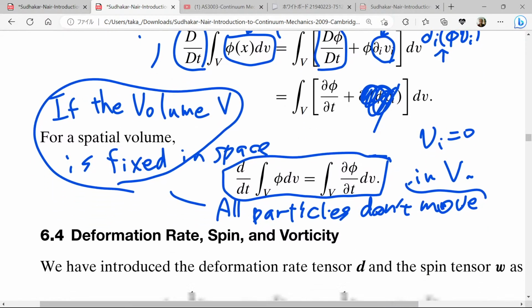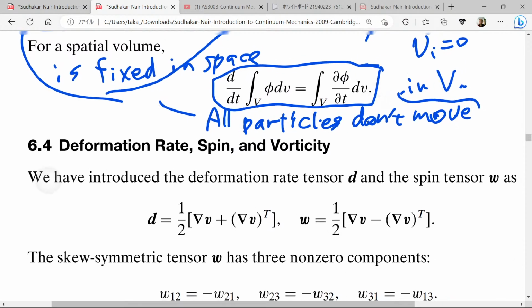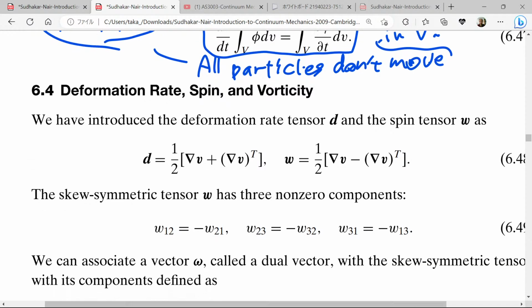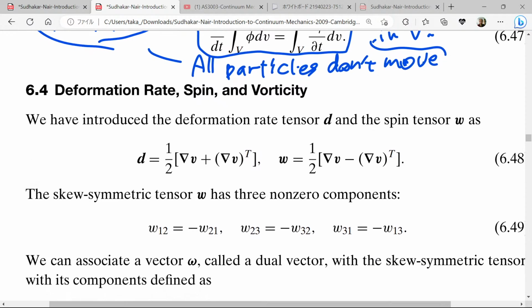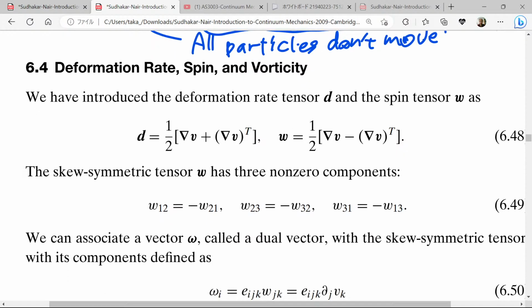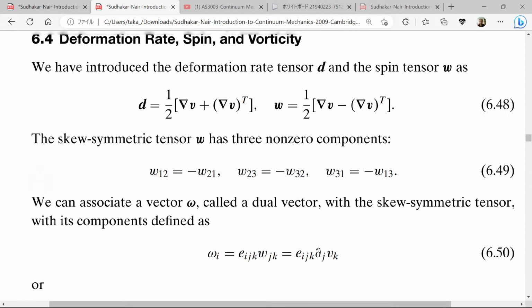So next section, we go to deformation rate, spin, and velocity, vorticity. We have introduced the deformation rate tensor D and the spin tensor W this way. Did we introduce this?